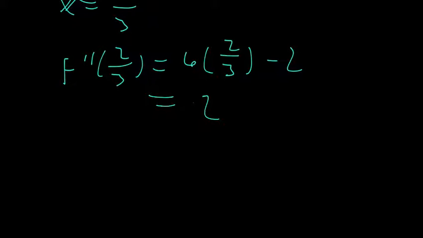So what does the second derivative tell us? Let's take a look at just some generic graph of our first derivative. I don't know exactly what it looks like, but we already found that it equals 0 at x equals 0 and 2/3. So it might look something like this. Let's just pretend it crossed the origin there. If this is our derivative, I'm going to plot our second derivative on there as well.